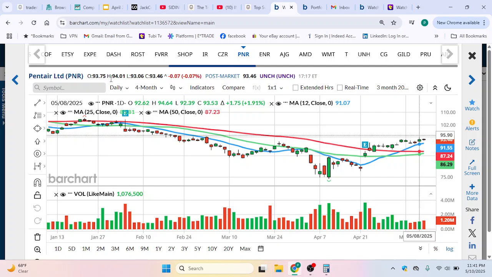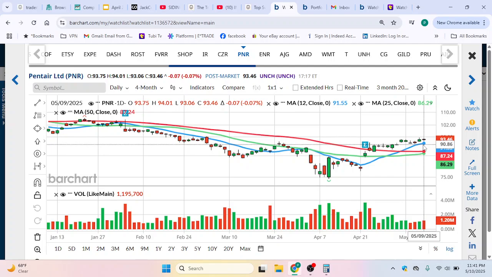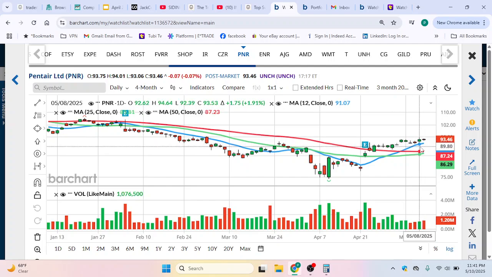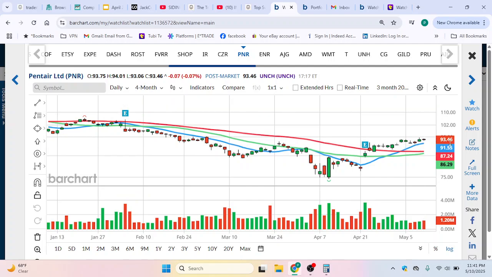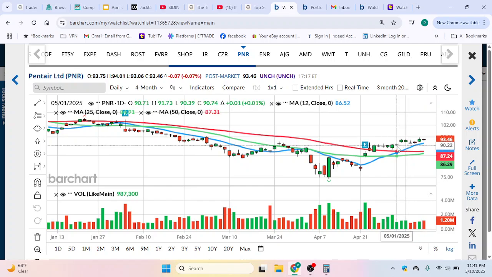We have a high of 94.01 and a low of 93.06. Based on those numbers, I could have about a $1 stop loss, and let's say I want to increase that so I don't get stopped out quickly. Maybe have a $1.50 stop loss on a $93.46 stock, which is less than 2%.